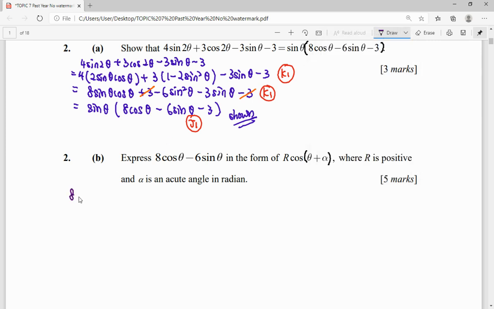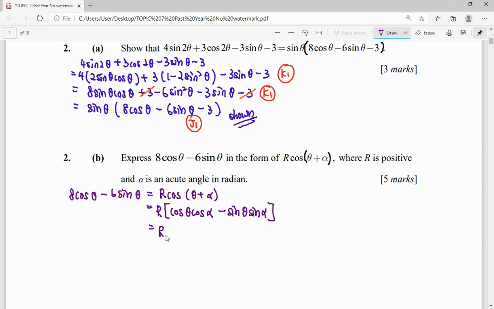So do our expansion here, where 8 cos theta minus 6 sine theta, let it be the form that we want to expand. So it will be R cos theta plus alpha. So expand our compound angle, it will be cos A cos B, plus will become minus sin A sin B. And we expand it fully, so that we can come to the result of comparison here to come out with two equations, and we want to solve what is our R and what is our alpha here.